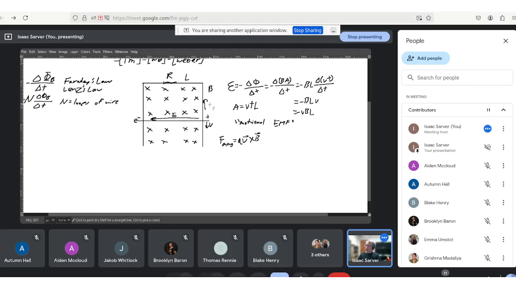That's weird. I is definitely going this way. But the E field always goes from positive to negative, so I'm not sure what I've done here. That's a little funny. I've done something a little funny, because the E field should go with the I. Anyways, that's a little weird. Anyhow.